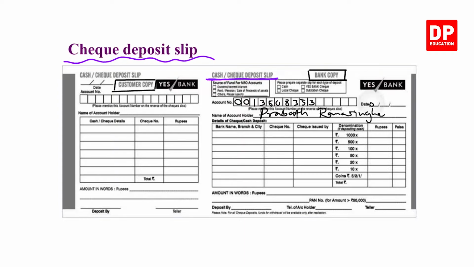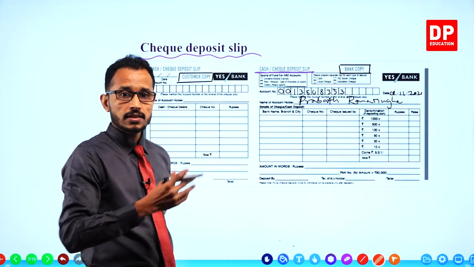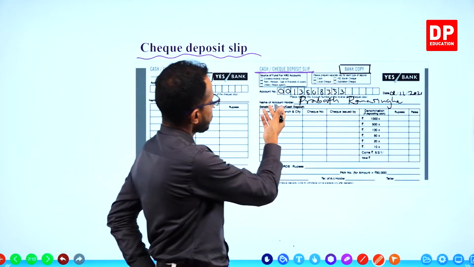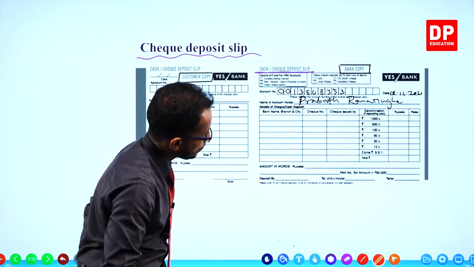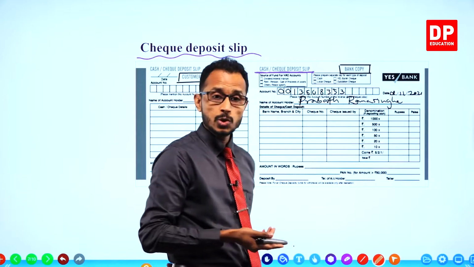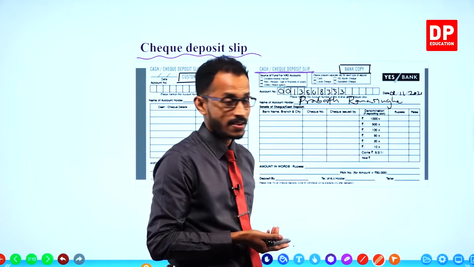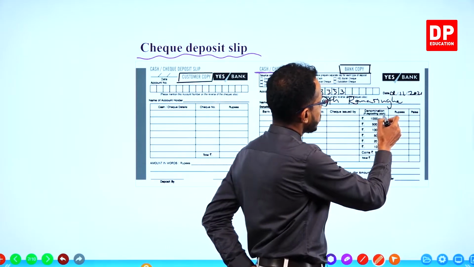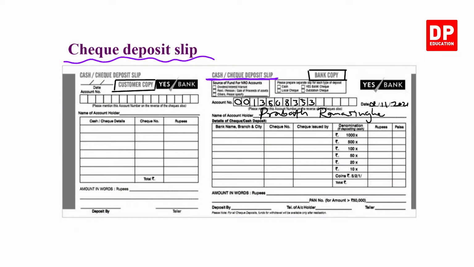Mention the date. Right. Then the denominations, or how many notes and coins you are going to deposit. How many 1,000 notes? How many 500 notes?